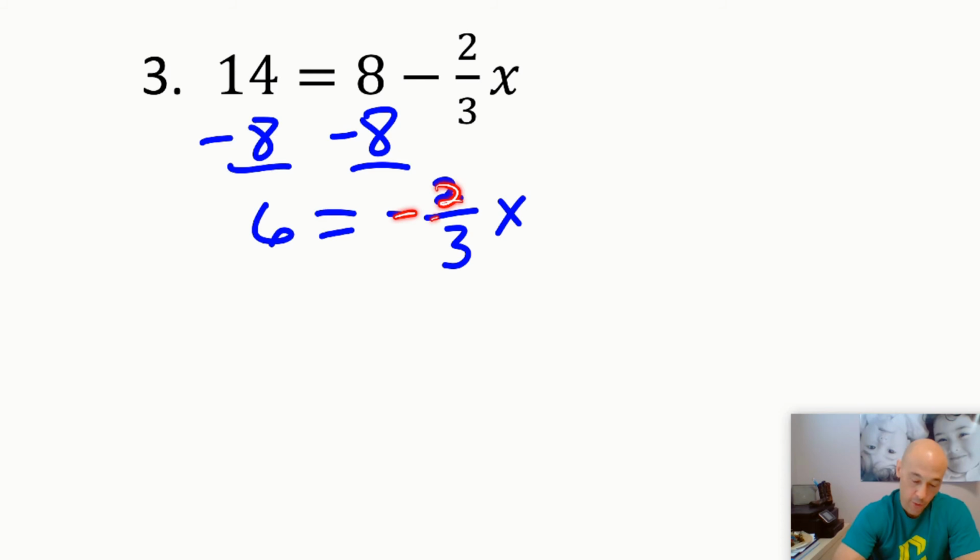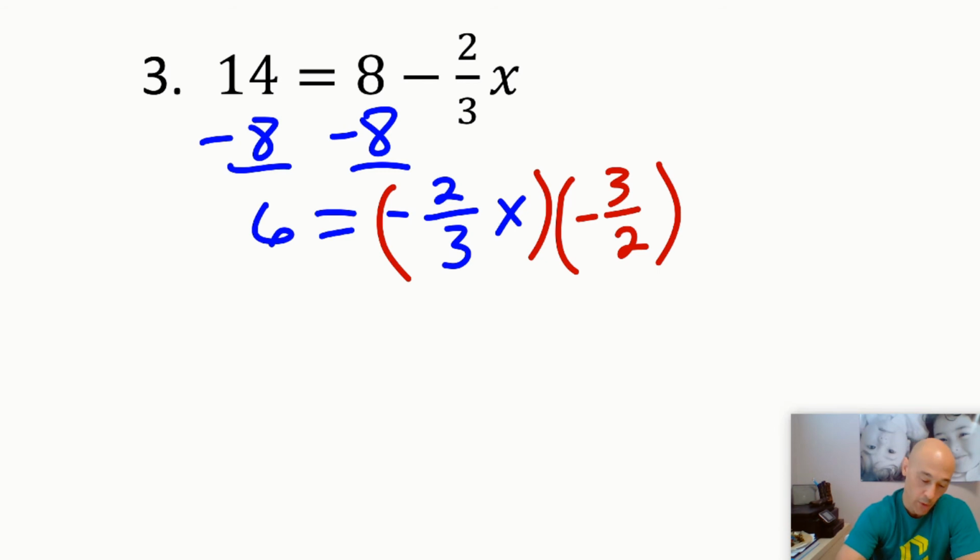Now we have negative 2/3 times x. So to undo the operation there, we're going to actually multiply all of this by the reciprocal of the fraction 2/3. That really is the same as dividing by the original fraction. So we multiply by negative 3/2 on both sides. And I don't need to put parentheses here.